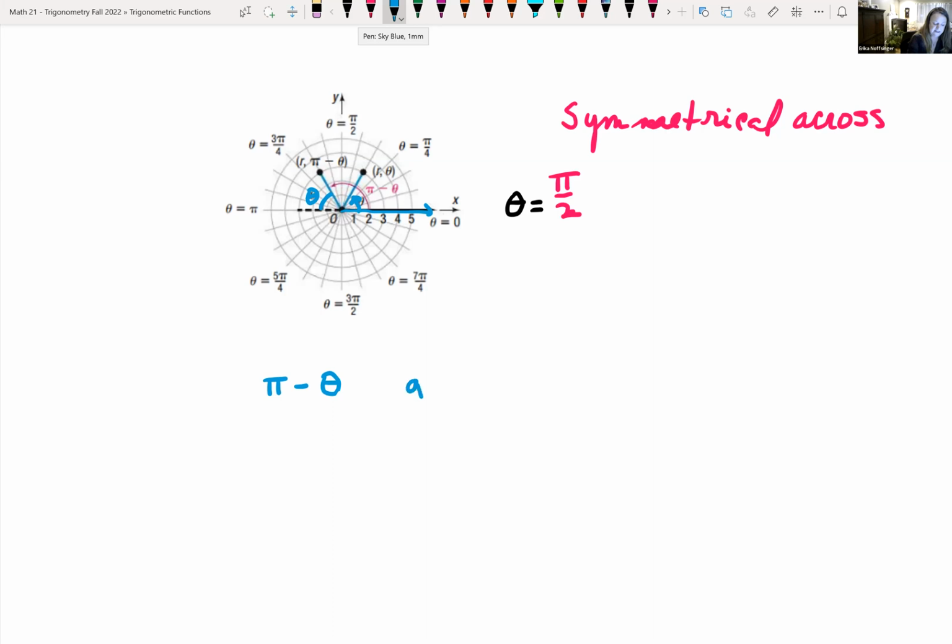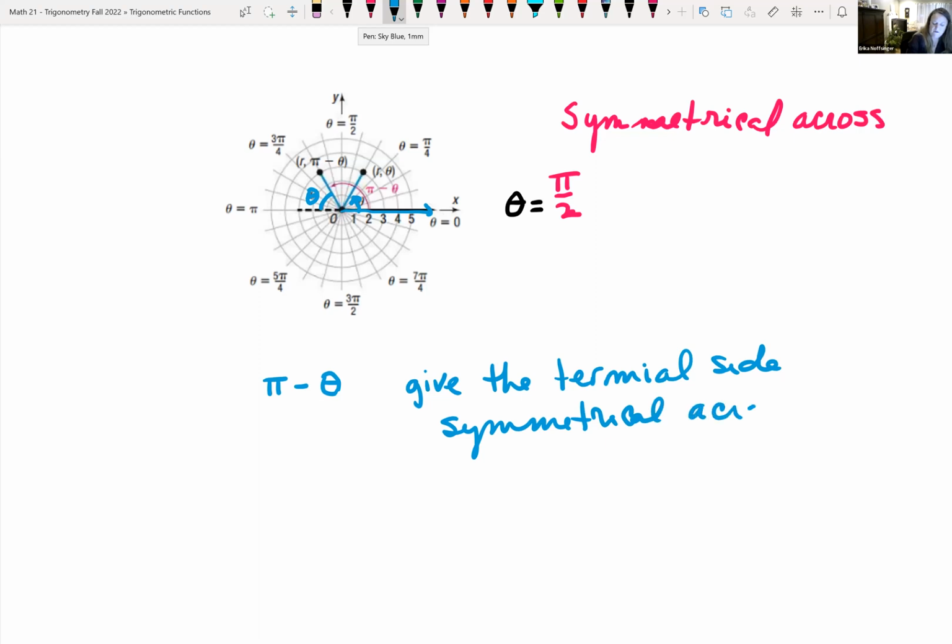So that gives us the terminal side, symmetrical across theta equals pi halves. So to test for symmetry, wherever we see a theta, we're going to plug in pi minus theta.